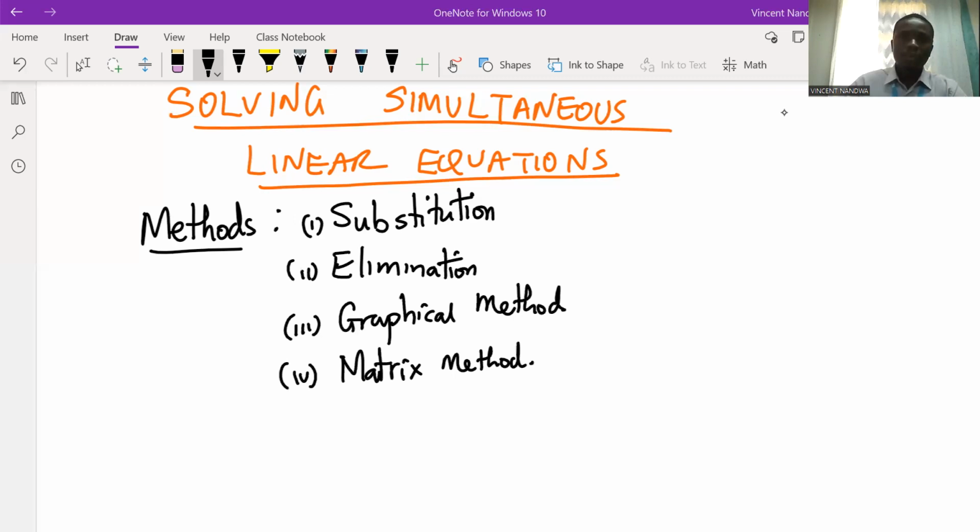For this class, we'll majorly concentrate on the first two methods, elimination method and substitution method. So let's demonstrate how substitution method works with an example.